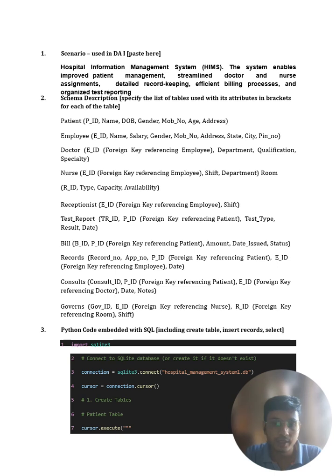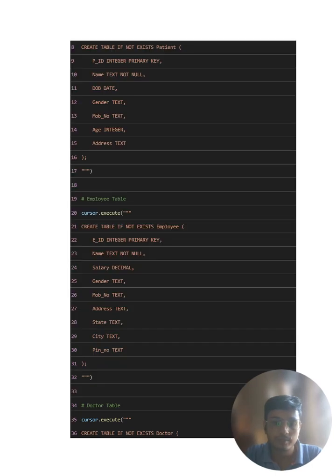After that, I have created a patient table. There I have written create table if not exists patient, which consists of patient ID, which has to be the primary key because there is only one key and it has to be an integer. Then patient name, which is text, and it can't be null because a patient has to have a name.